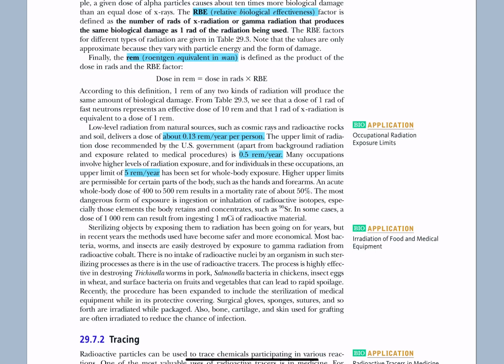And so what the government has done is taken the level at which we see biological damage, and by the way, you can recover from that, and they divide that by 10 to be extra safe, and that becomes your limit. Now, at 500 rems, that's where you see what we call an LD50, a lethal dose at which 50% of your population would die.